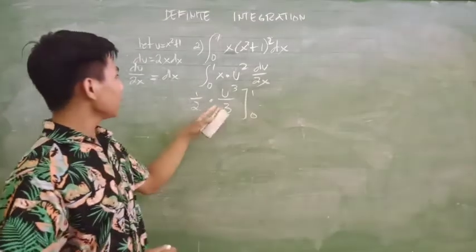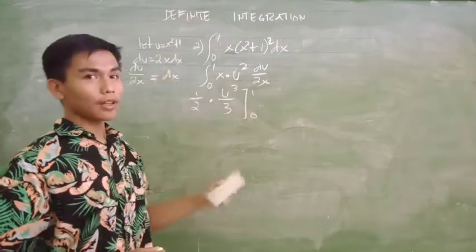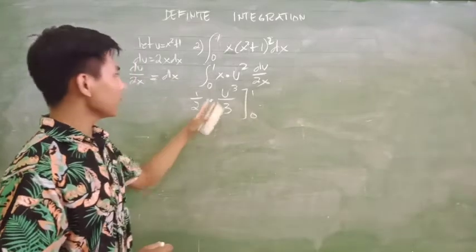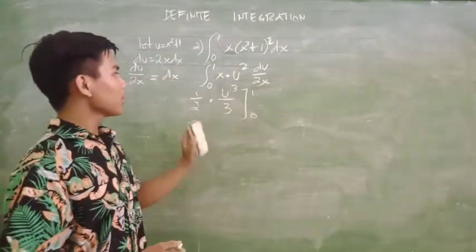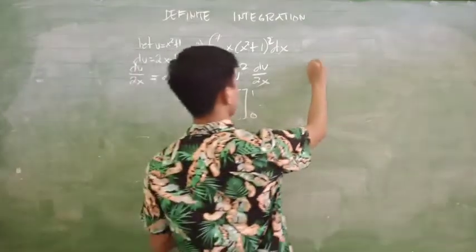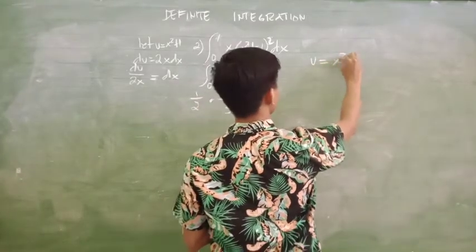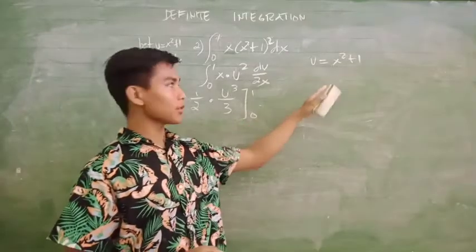Instead of substituting our original function, we'll have to let u in this integral. So we have to substitute the given x intervals to our u. So this would be u equals x squared plus 1. This is our original function.